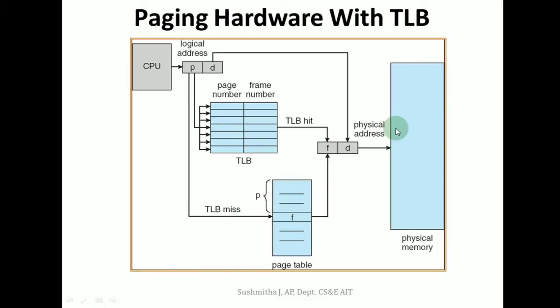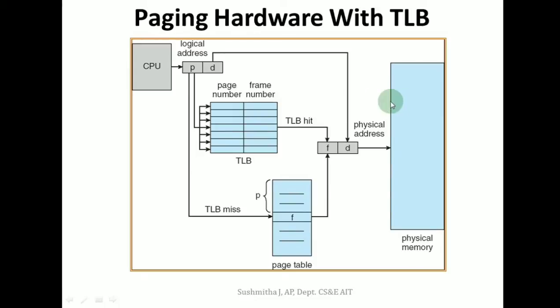So this ended up with two accesses for every memory location. Now, with a TLB hit, I will be making one access to the cache memory, that is your TLB, and the other access will be to my main memory. By nature, the cache is faster than the main memory.